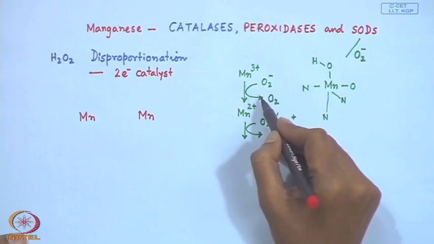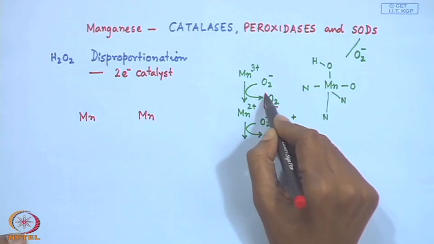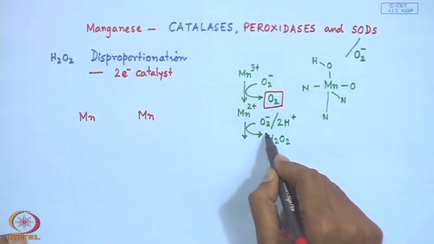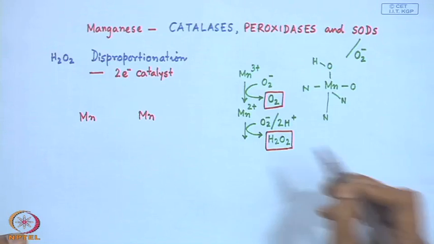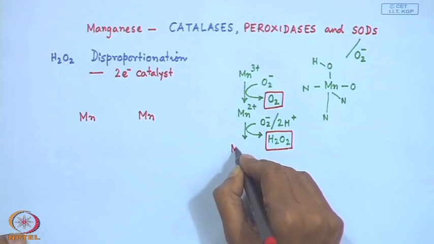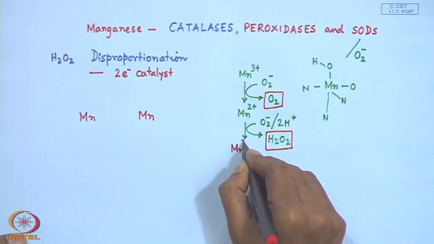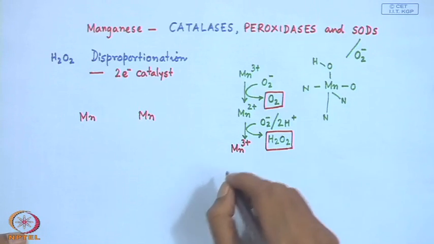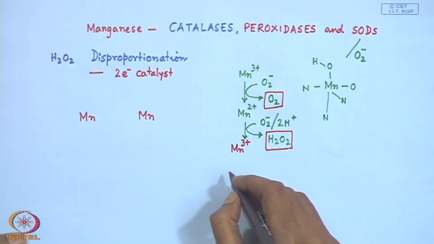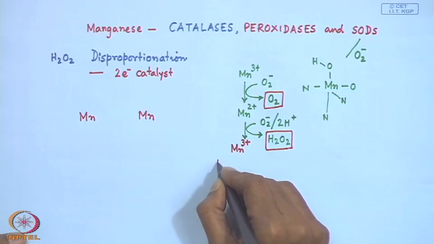So, the superoxide breaks into O2 and H2O2, regenerating the center again as manganese 3 plus. So, at this point we are regenerating the oxidized form of the enzyme.